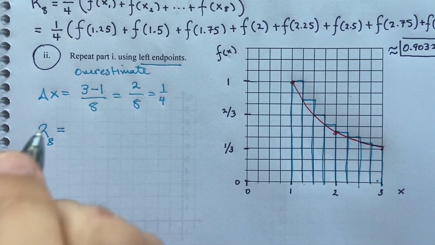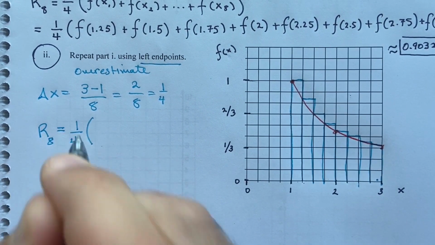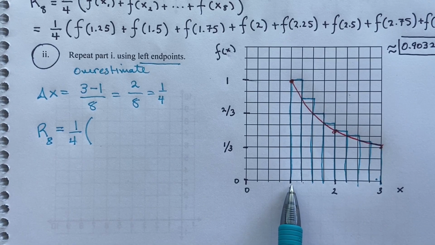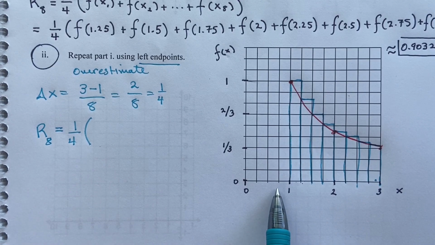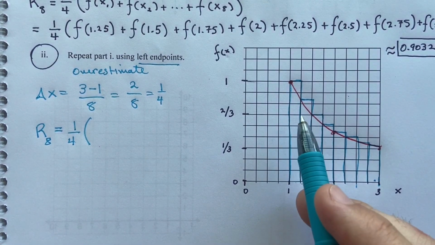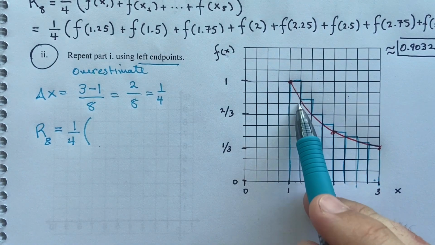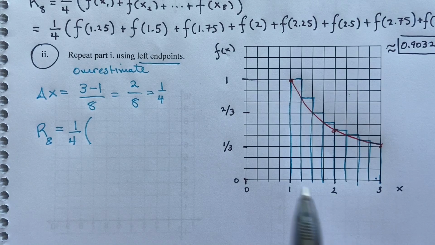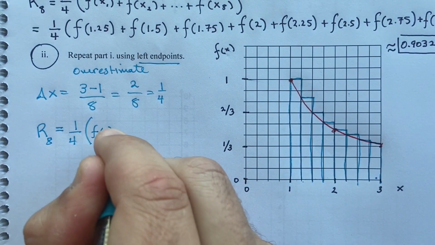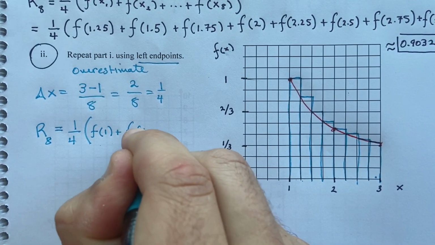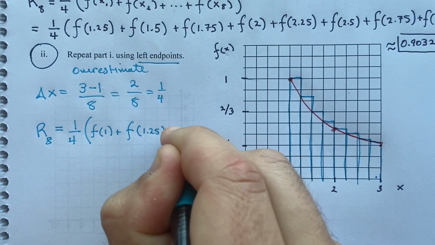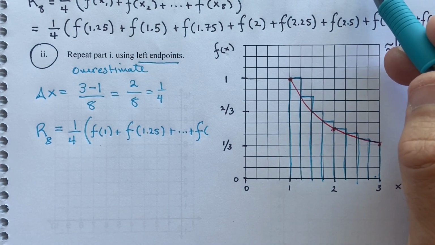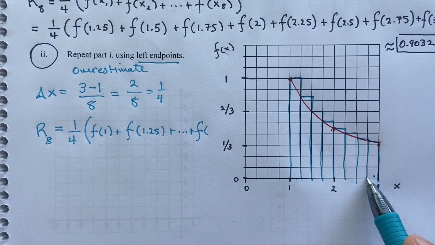Again, I can factor out that 1/4, so I'll just go ahead and do that now. And then I'll have f of 1, because that's the first part. That's kind of the function or the number that I evaluate to get the height of this rectangle, right? It goes up from 1. It doesn't really go up from here. That's for our second rectangle. So I'll have f of 1 plus f of 1.25 plus dot dot dot plus f of, eventually I'll just get to this rectangle.